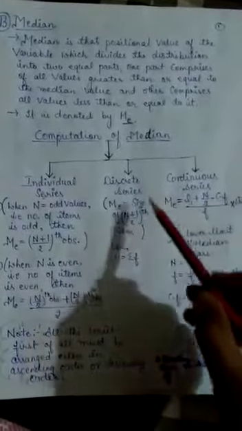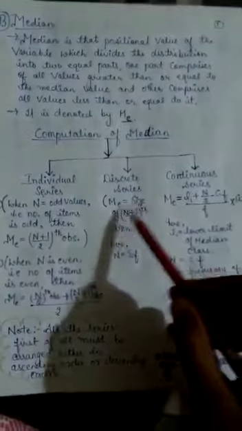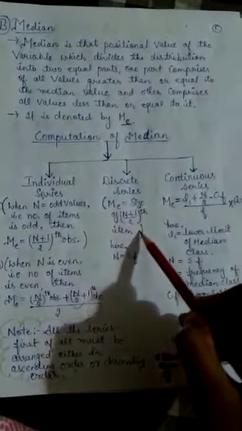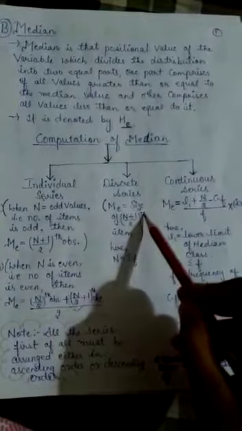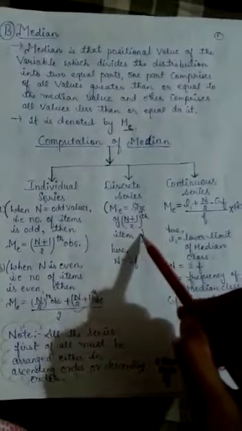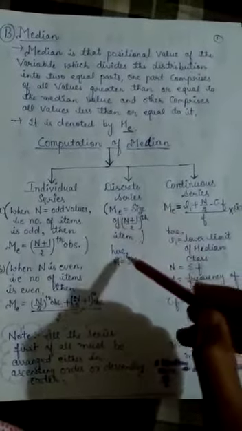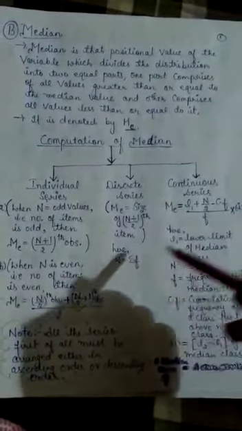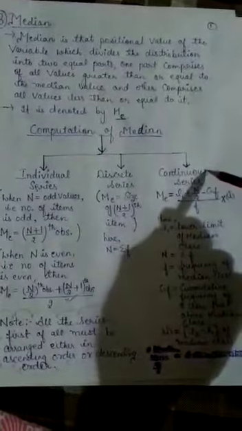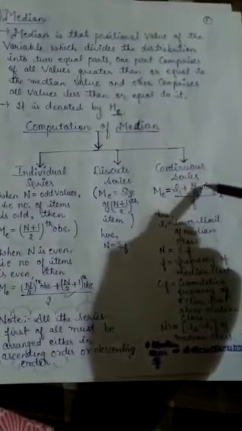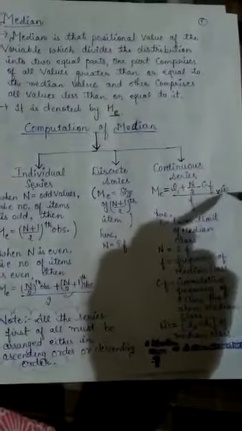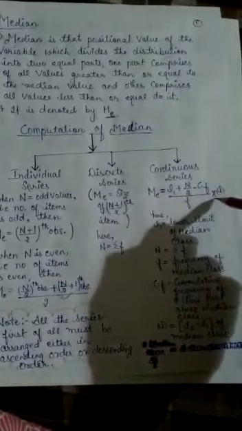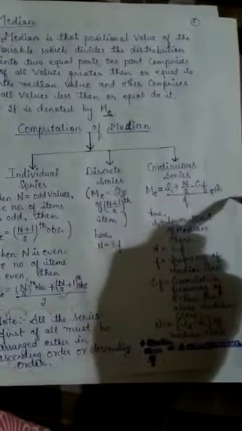Then for discrete series, median is equal to size of n plus 1 by 2th item, and here n is equal to sigma f. Here is the formula for continuous series: L1 plus n by 2 minus Cf upon f into i.